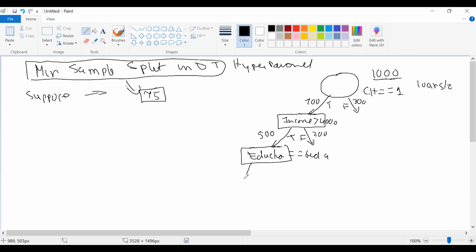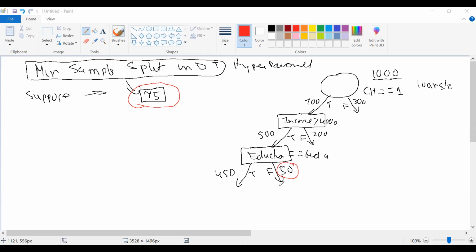Out of these 500, let me say 450 satisfy this condition and 50 do not. I'm just taking an example. Now, this 50, do you notice, guys? This number 50 is less than what you have given. Whether it is 50 or 69 or 74, it would still be less than 75. So now what will happen?